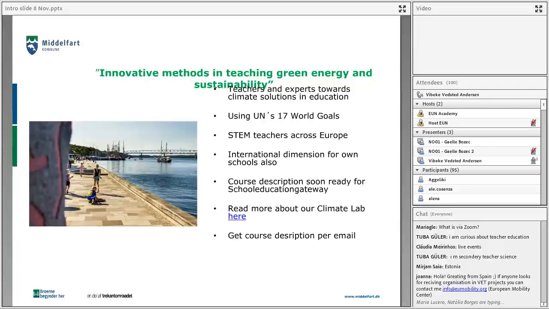And as you can see, we are going to use the UN 17 World Goals and invite STEM teachers across Europe to come to Middelfart and learn about these methods.